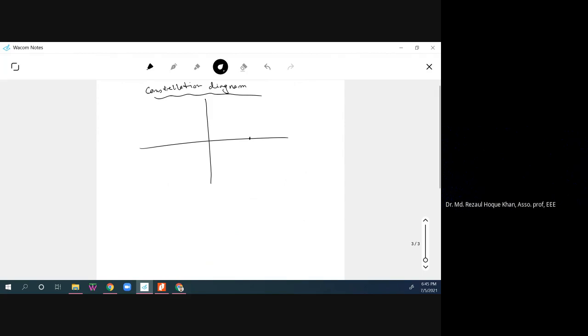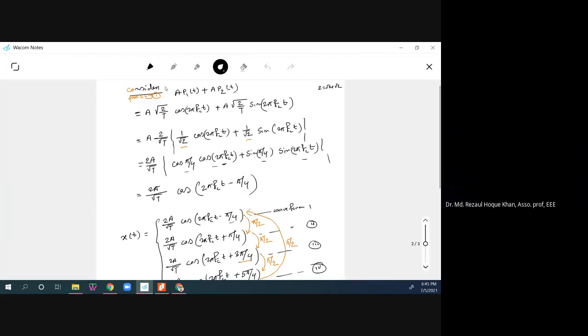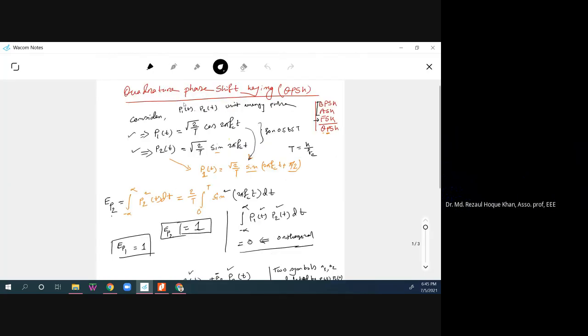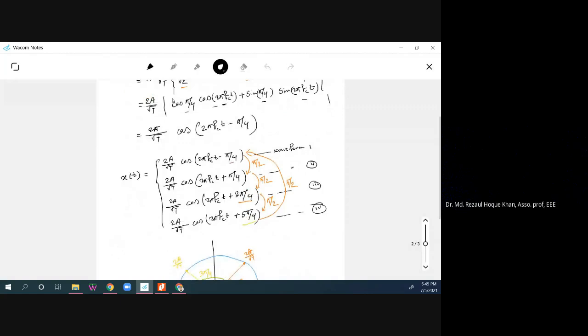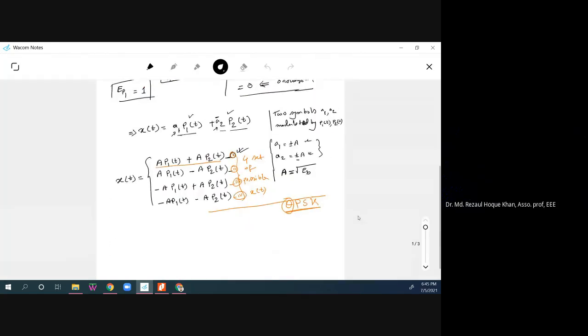This is plus a, this is minus a, this is plus a, this is minus a. Remember, we found these different angles for various a values based on our previous assumption, so we can plot this.